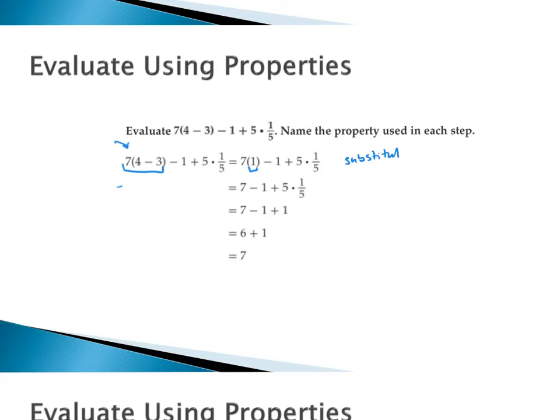Whenever you replace a value with something else, that is substitution. We at first had 4 minus 3, and now we have 1. We have replaced 4 minus 3 with 1.